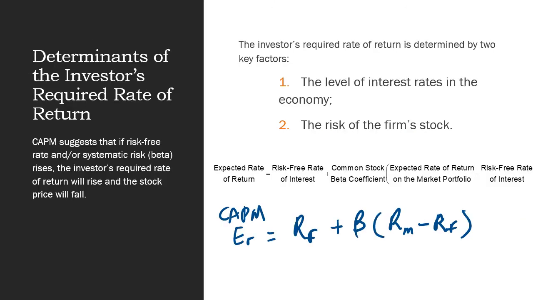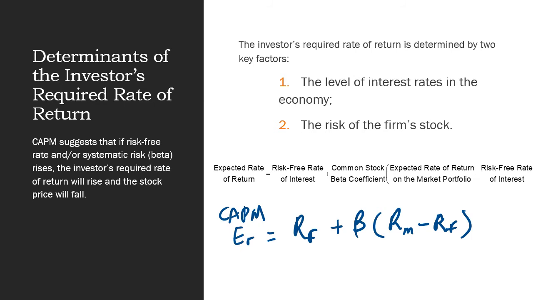The previous slide stated that there are two factors that will affect the price of the stocks. One is r, the rate of return required by the stockholder, and g, which is the growth of the dividends. So how is the required rate of return determined by the investor?